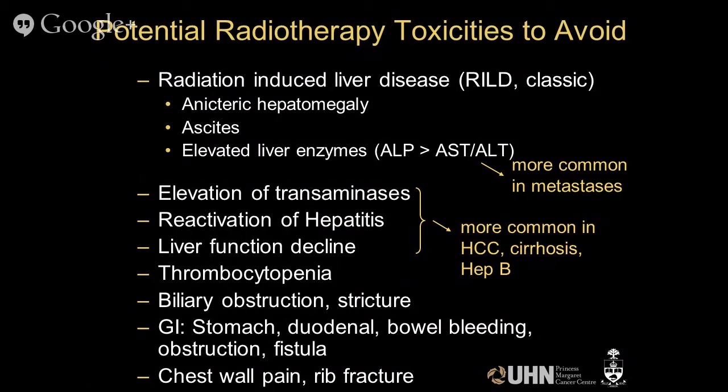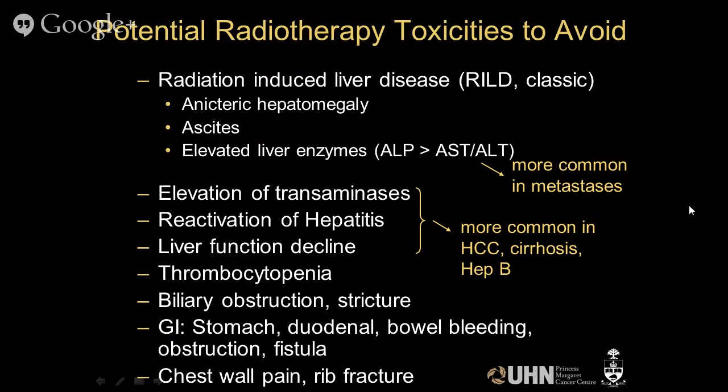But non-classic radiation-induced liver disease is less predictable, more challenging to avoid. And that may include anything from elevation of transaminases, reactivation of hepatitis, a general decline in liver function, thrombocytopenia. Also, we need to consider the common bile duct and luminal GI structures and chest wall pain and rib fractures.